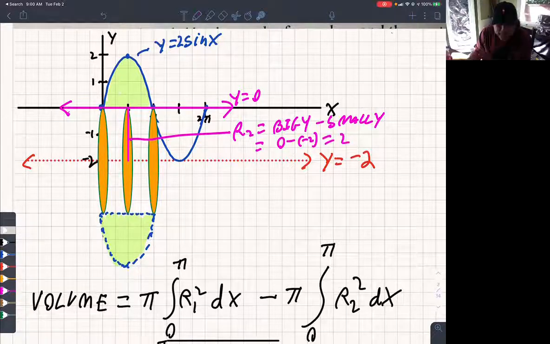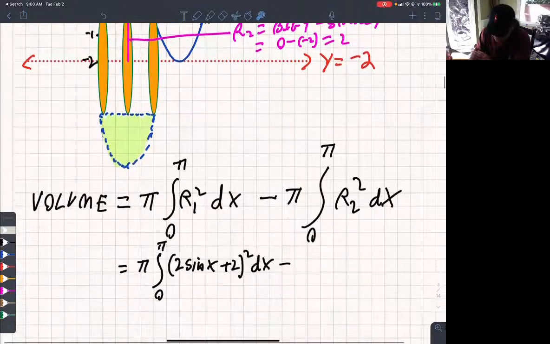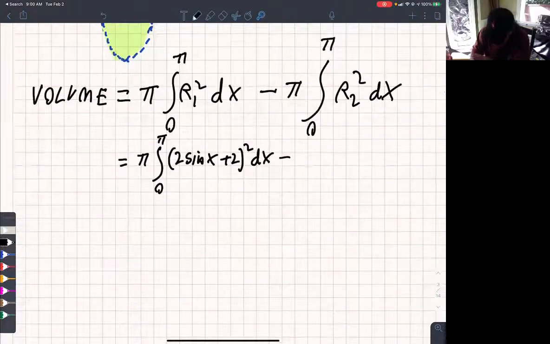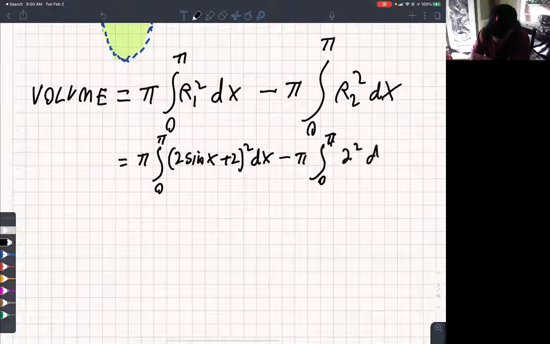So that seems pretty obvious if you look at it. What's the distance from here to here? It's 2, because it goes from 0 to -2. That distance is 2. So we could have done that without having to think big Y minus small y and all that.